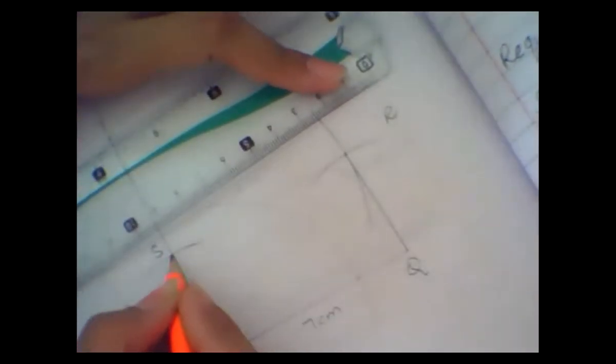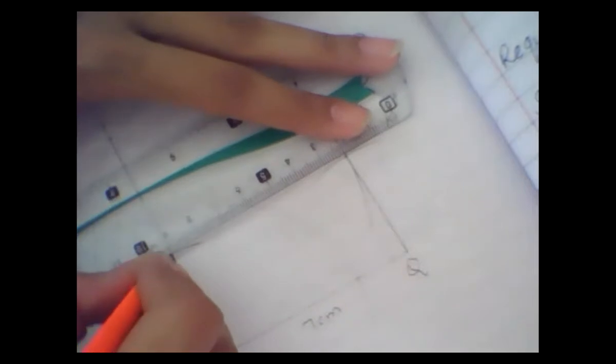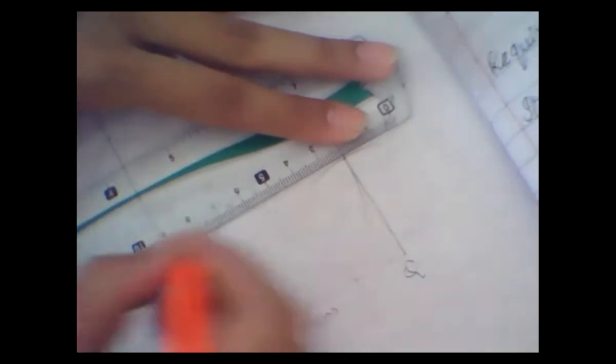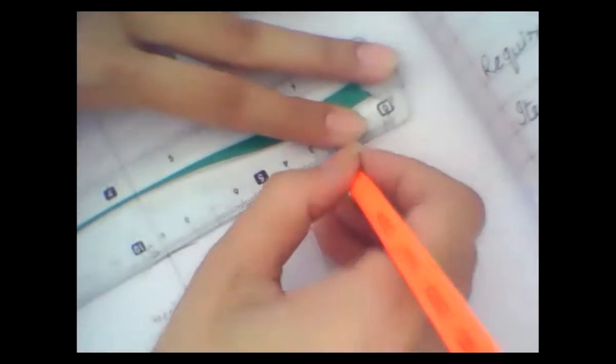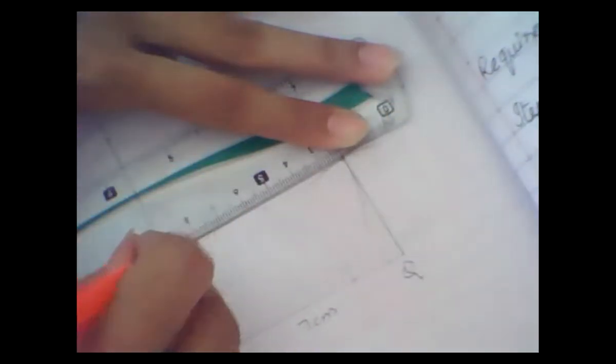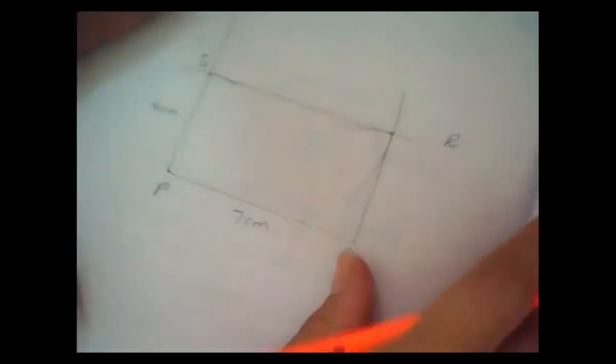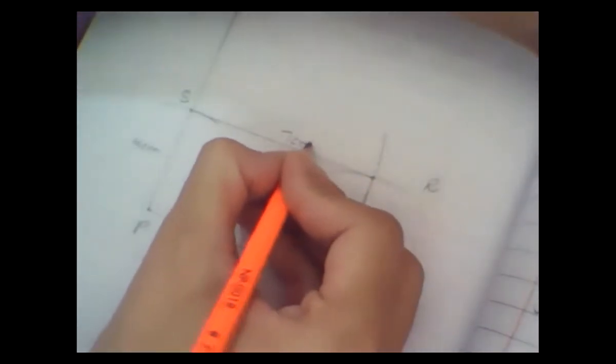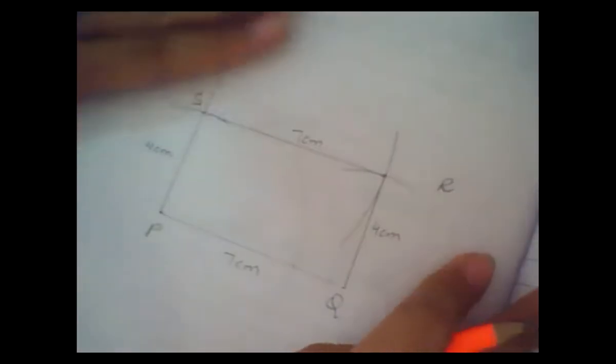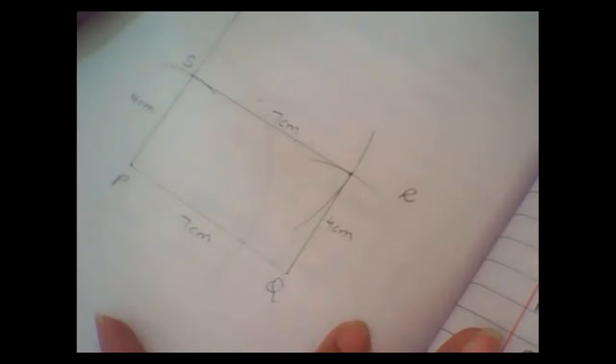Now finally adjust your scale this way and draw a line segment properly. Here this is 7 centimeters, this is 4 centimeters, so we get a rectangle PQRS.